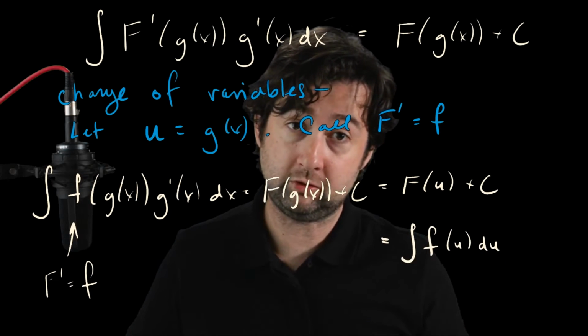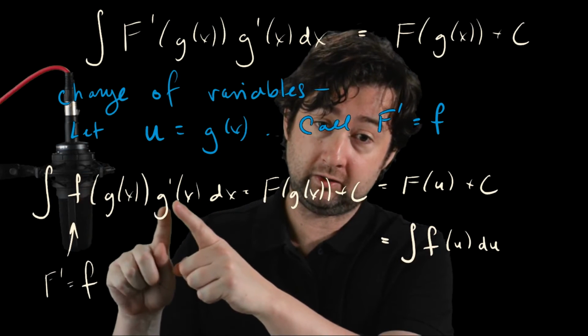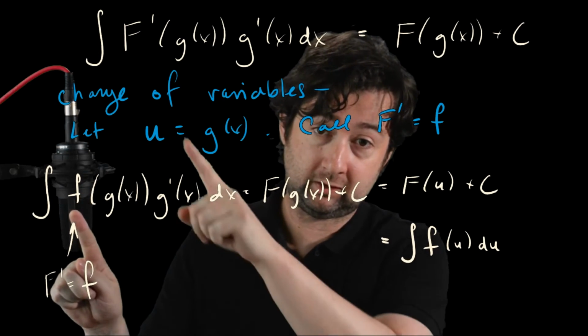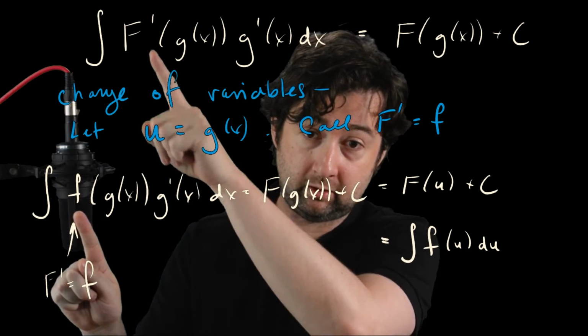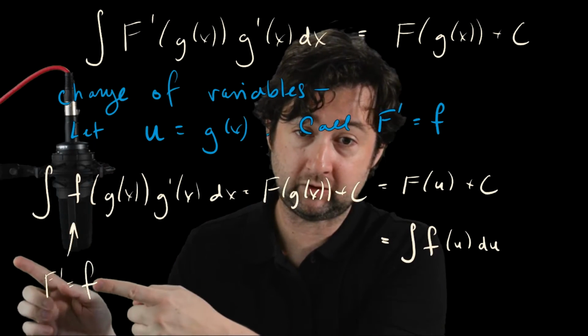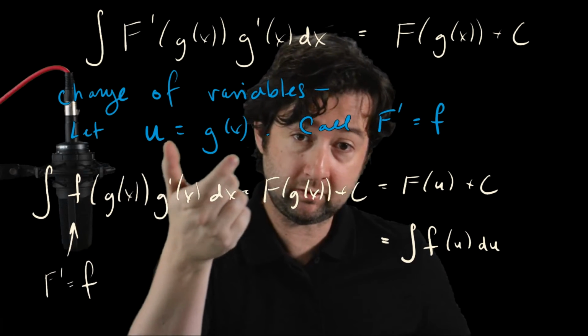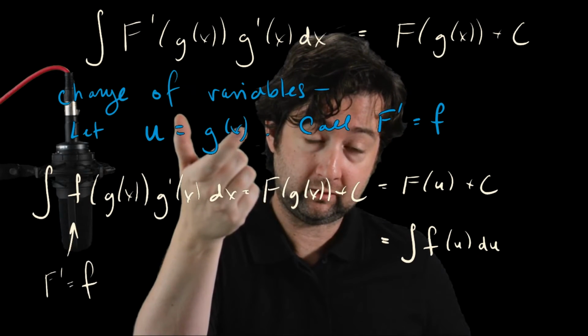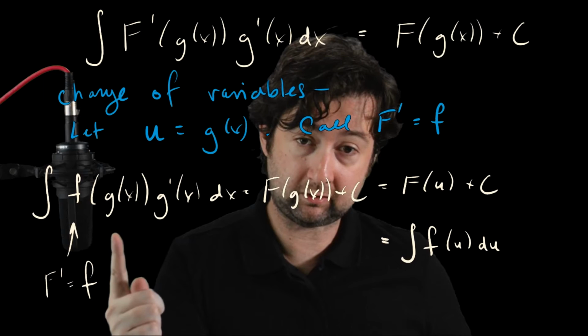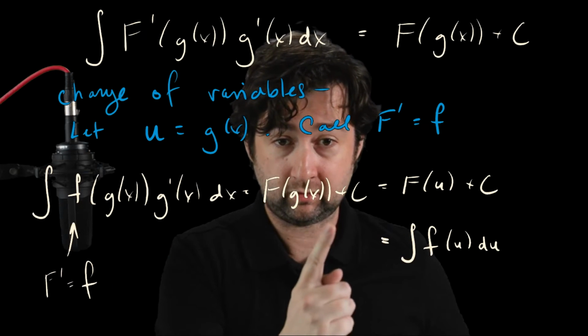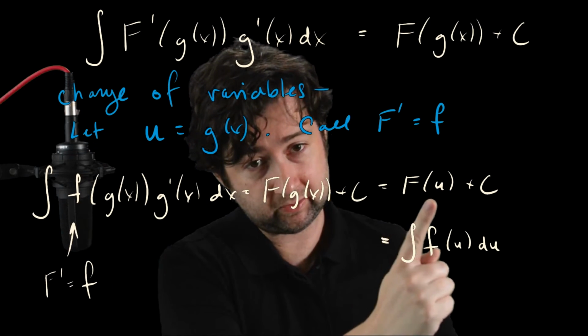So where did the substitution happen? Right here in this expression, all I've done is take the capital F prime that was right here and replace it with little f. So that's just a name change. I haven't done any math there. Then everywhere that I saw a g of x, here is a g of x, here's a g of x, I can replace it with a u.